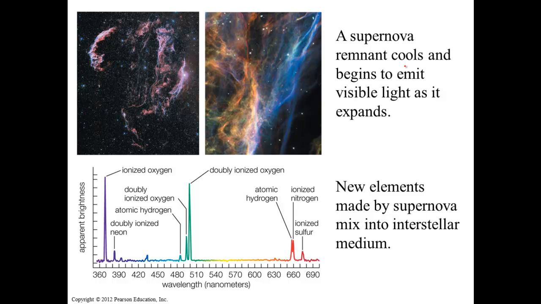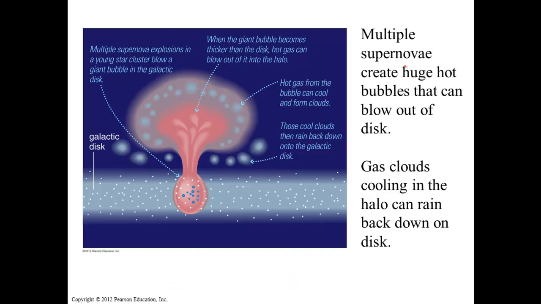Looking at another supernova remnant. It looks like something you see in anatomy or something you'd see from a dermatologist. It's like a pimple or something to me. But what you're looking at is the disk of a galaxy, could be our galaxy, and this would be the halo region above and below the disk.